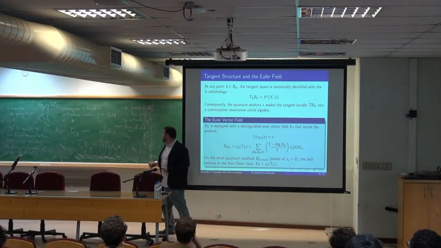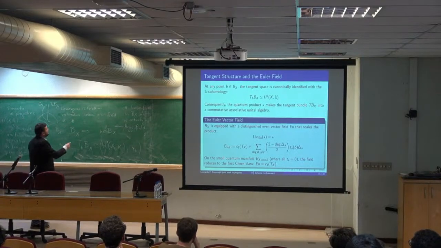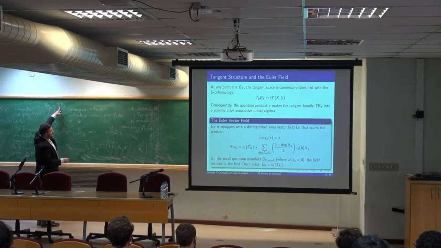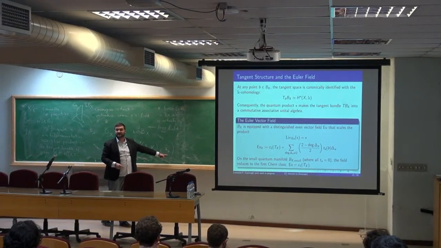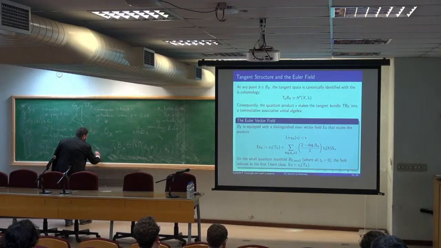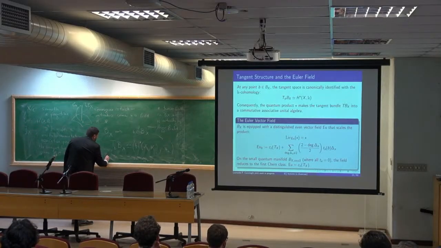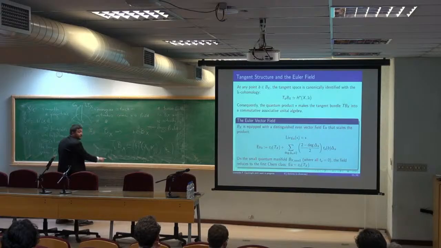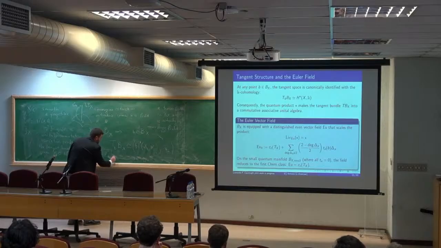And now that you have this, because your Euler vector field at this point, for instance, is an element here that has a product structure, it makes sense to consider this operator kappa b. That is, you have your Euler vector field at your point B, and you have a product, an algebra structure at that point.